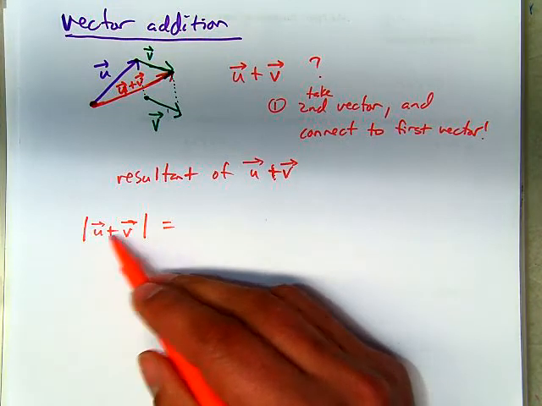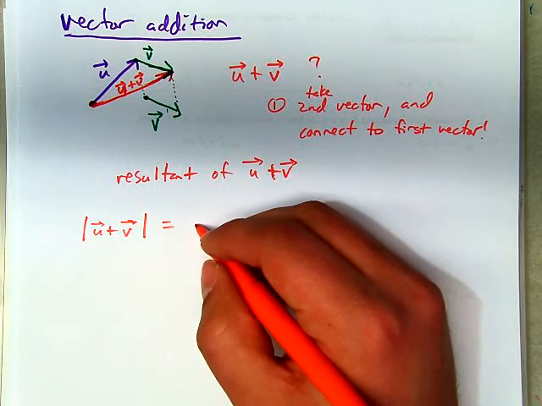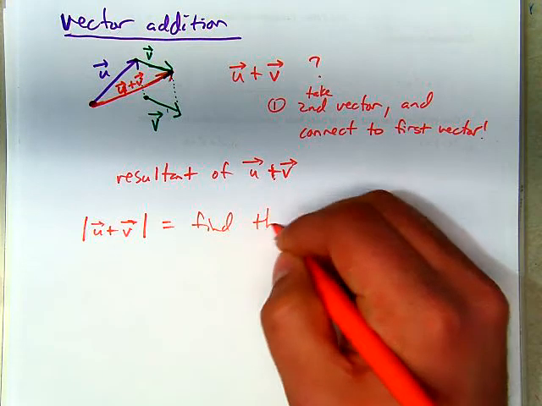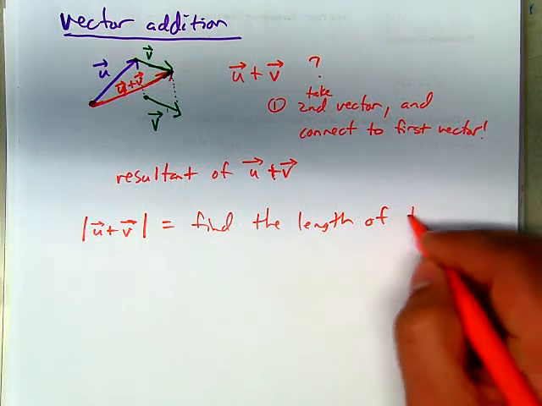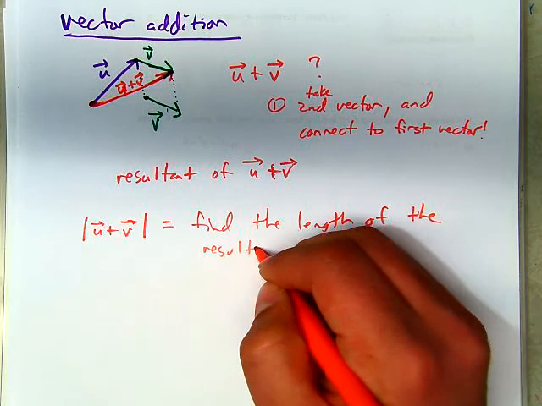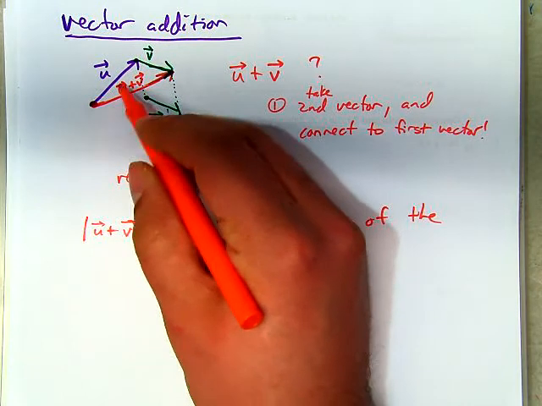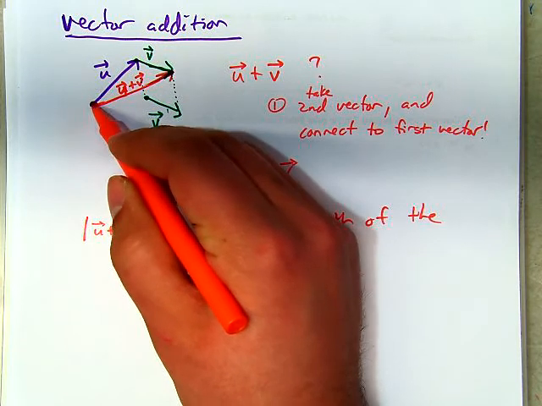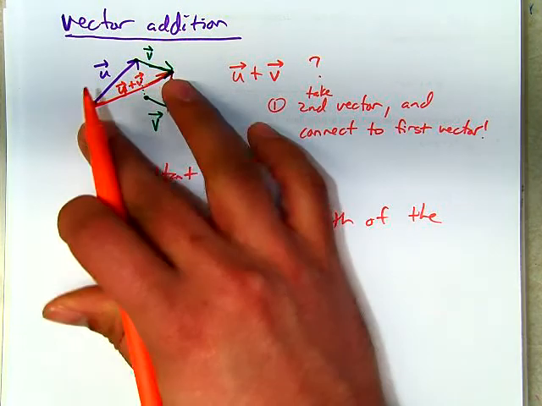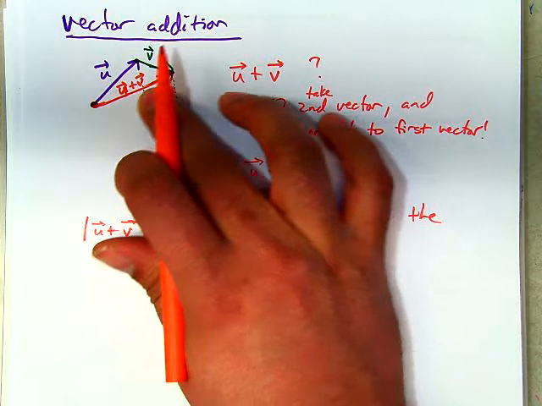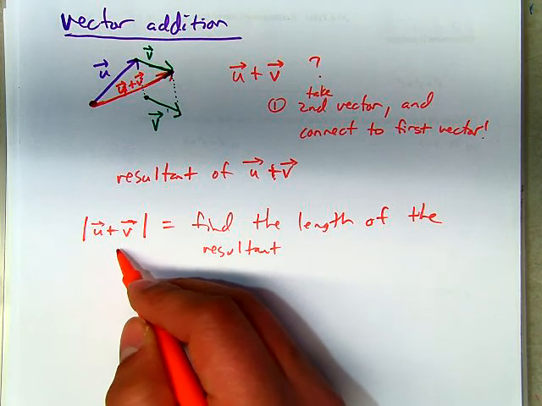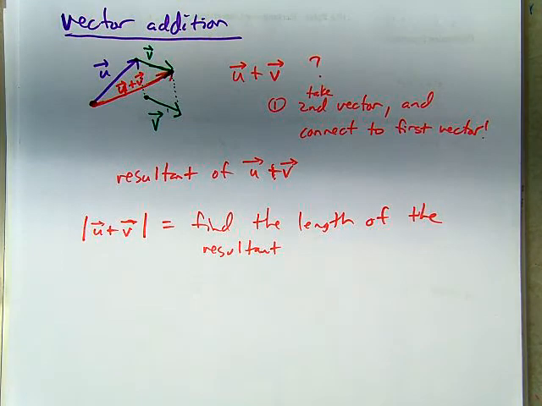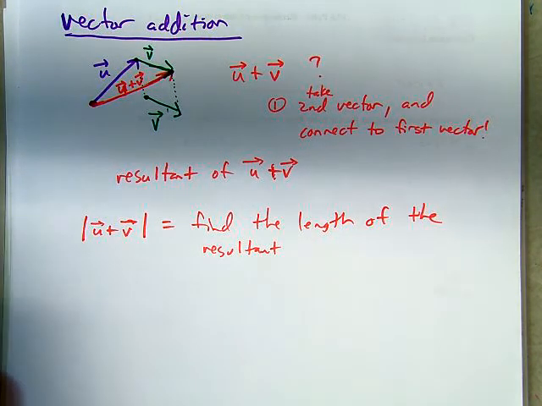So if I put absolute value around U plus V, that means to find the length of the resultant. So after you connect the vectors and connect from the very beginning to the very end, what you would do is find the length of this orange vector, and that's what you would write for this question if it asked you to find the magnitude of U plus V.